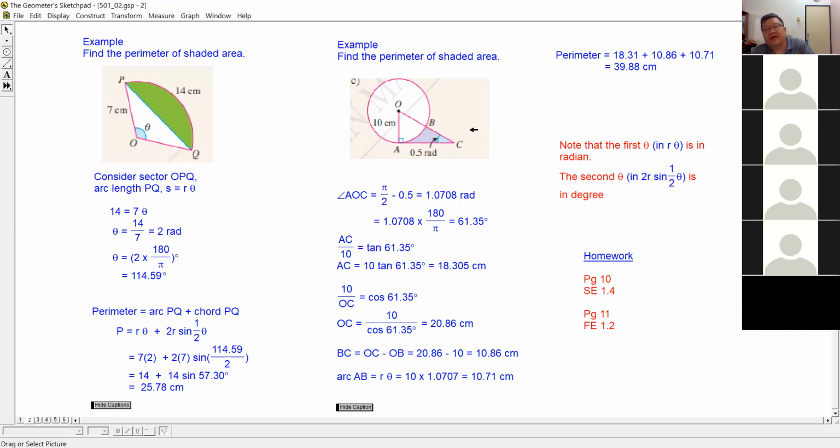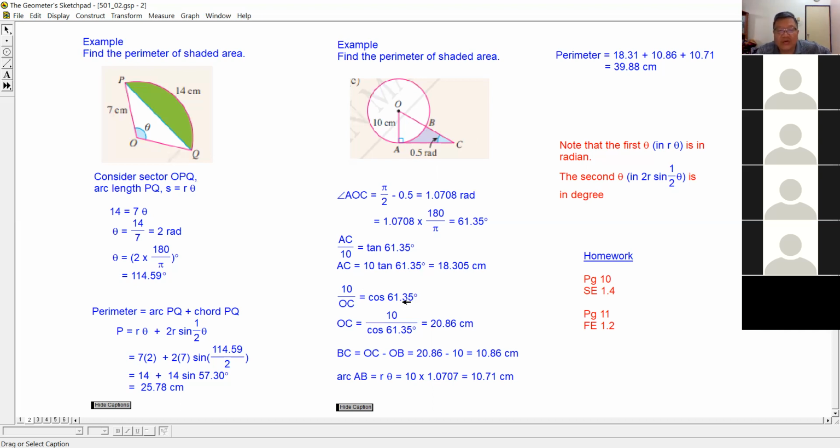Well, you can use Pythagoras theorem to find OC, but I don't want to use Pythagoras theorem. I use trigonometric ratio. 10 divided by OC is cos 61.35. This is adjacent divided by hypotenuse, and adjacent divided by hypotenuse is cosine.